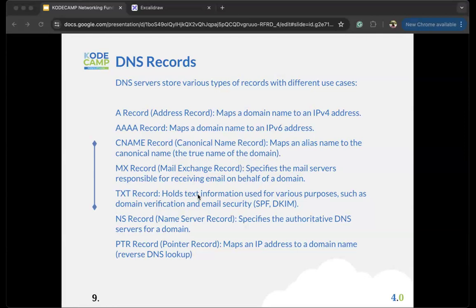So if I'm registering my domain name, something like KodeCamp.com, I will create a record to register KodeCamp and resolve it to my server IP address, which is 192.168.10.0 or 10.10, for instance.